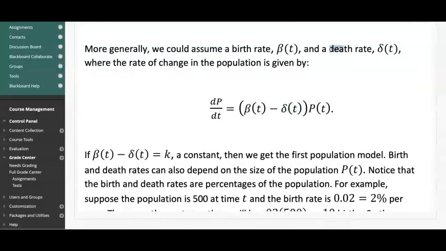Beta of t represents birth rate. Delta of t, d, death rate. So in this case, birth rate minus death rate.